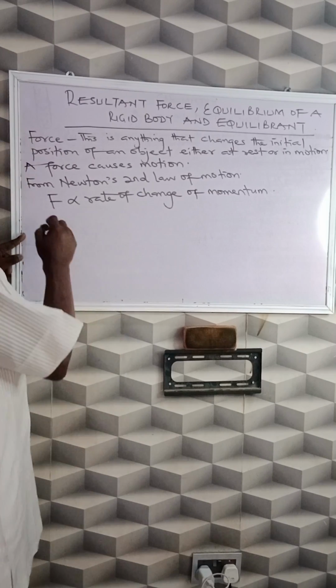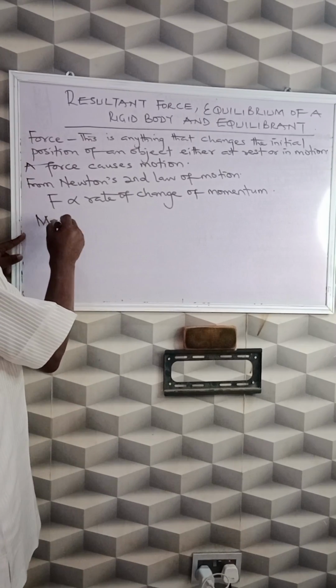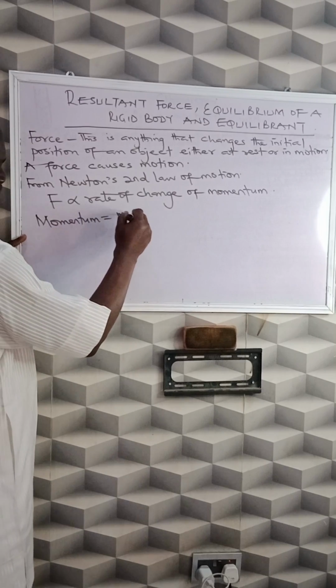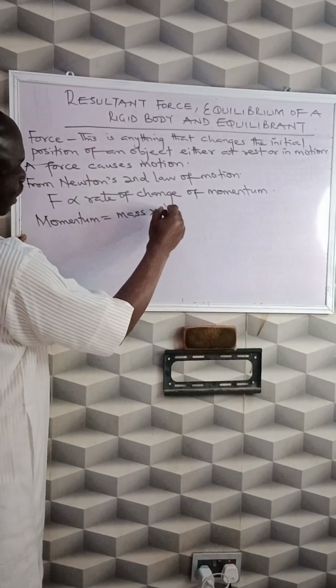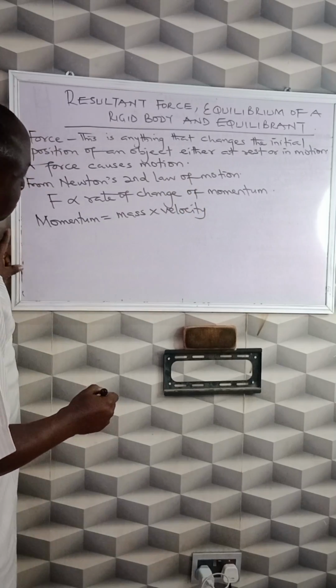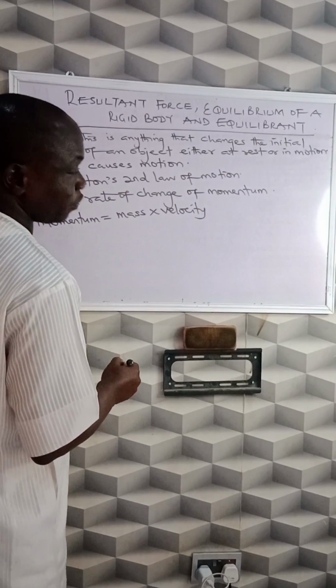So let's see the meaning of momentum. Momentum is equal to the product of the mass of the body times its velocity. That is momentum of the body.